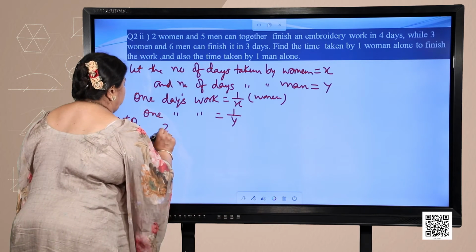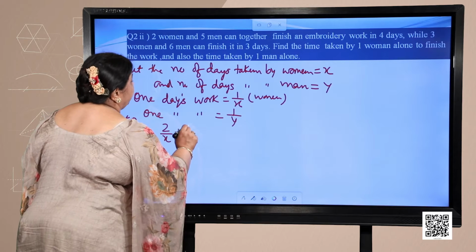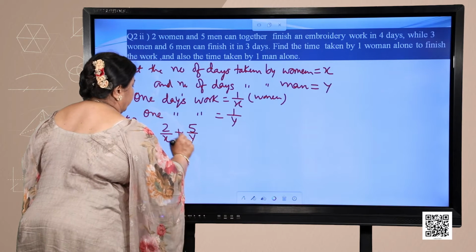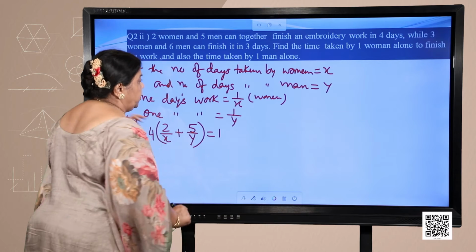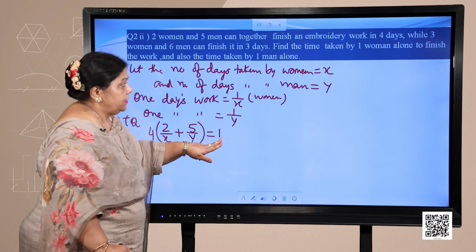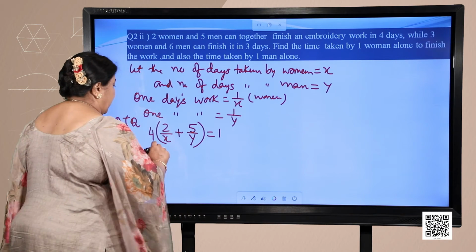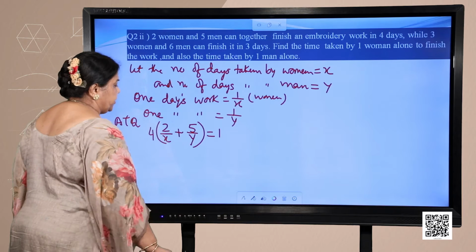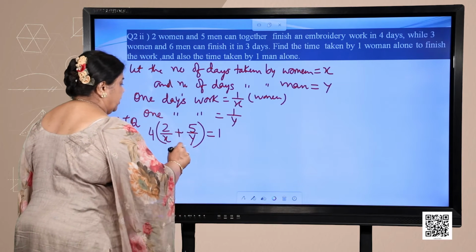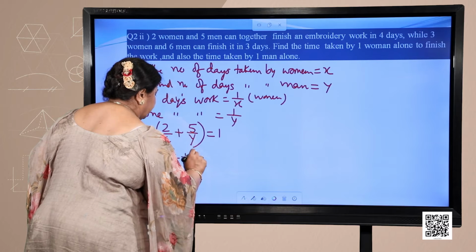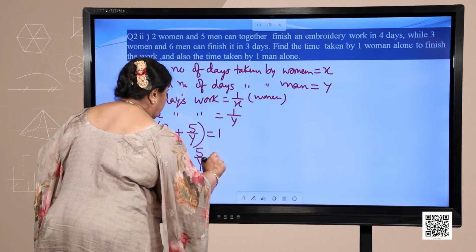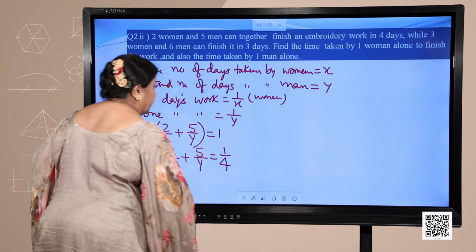When 2 women and 5 men are involved for 4 days, they are able to complete the embroidery work. So, we have here 4 into 2 upon x plus 5 upon y is equal to 1, or I can take 2 upon x plus 5 upon y is equal to 1 upon 4.